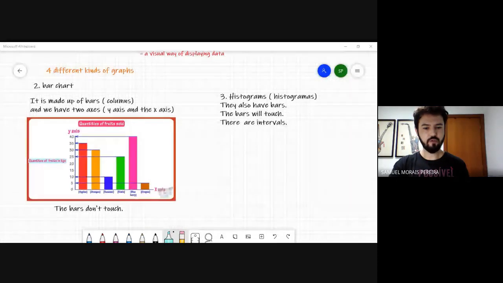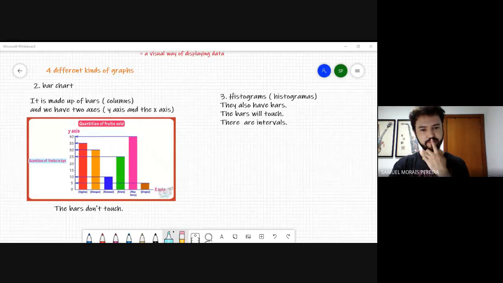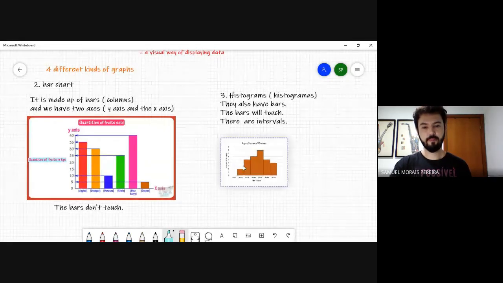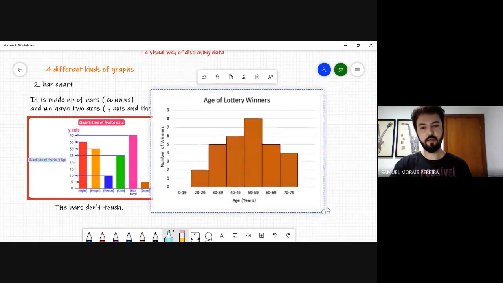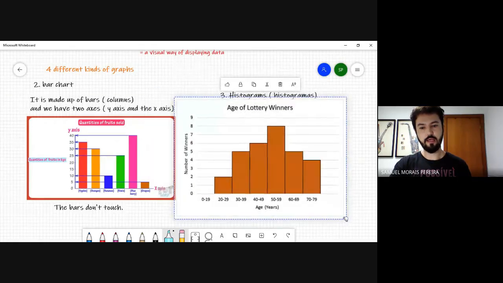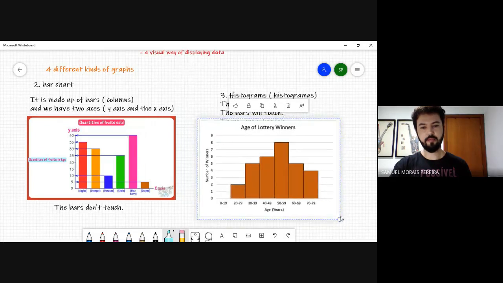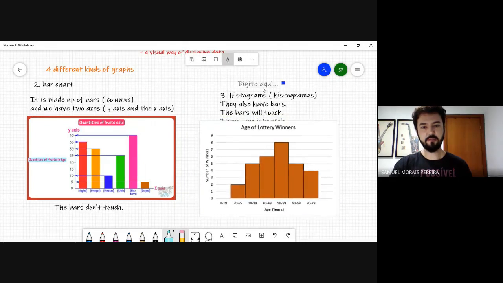So pay attention to my example here. Just a moment. I am trying to find the example I have here, okay? I just found it. Take a look at this graph here, guys. This here is a histogram. So pay attention.